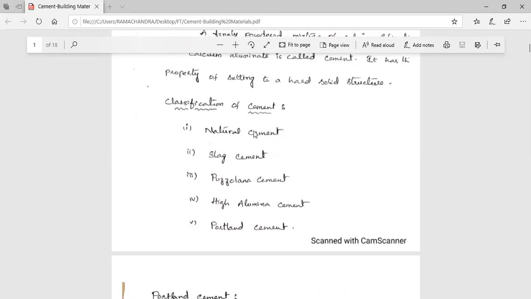So next we go to slag cement. What is meant by slag cement? Slag cement is produced by mixing blast furnace slag and hydrated lime and grinding with a small quantity of gypsum. Slag cement sets very slowly and has low strength.